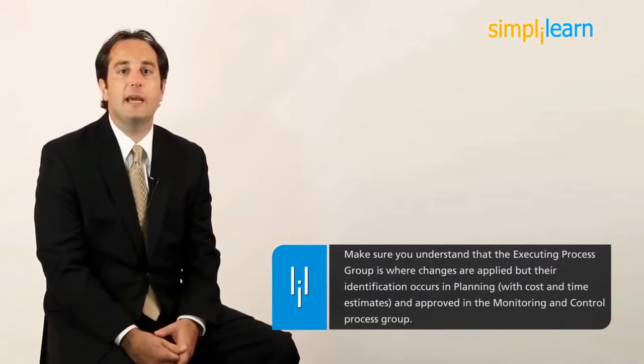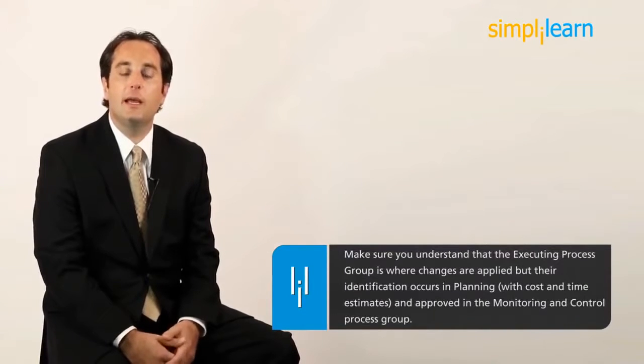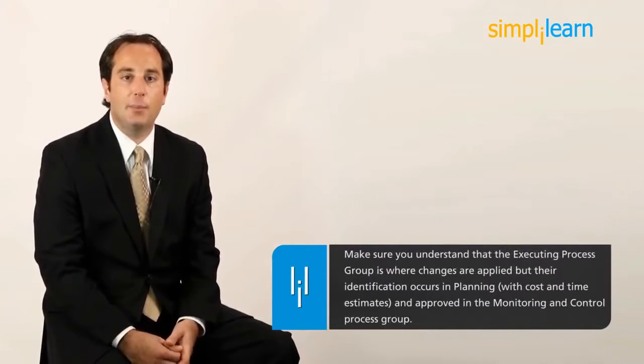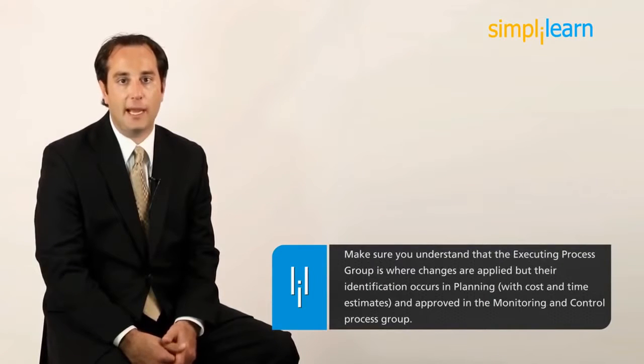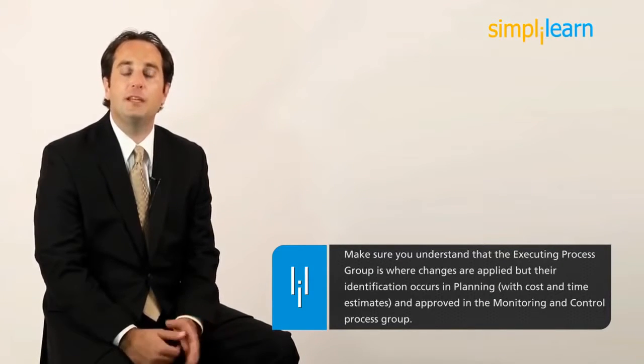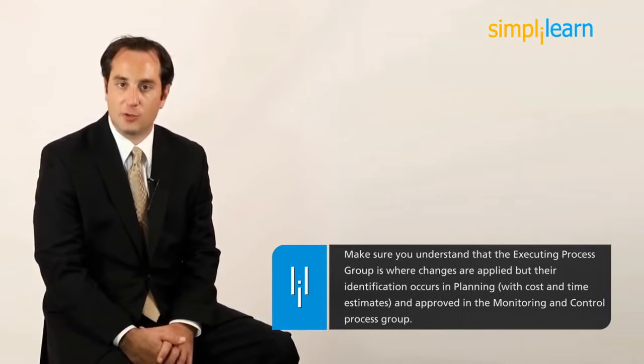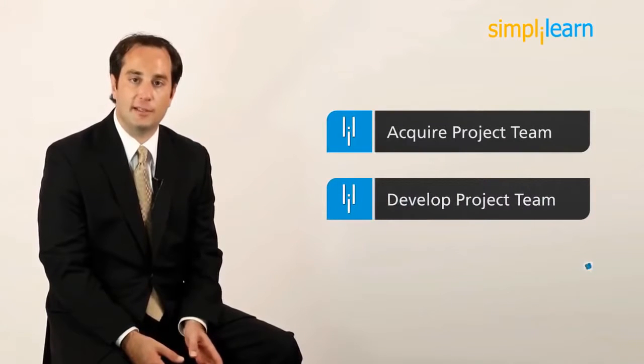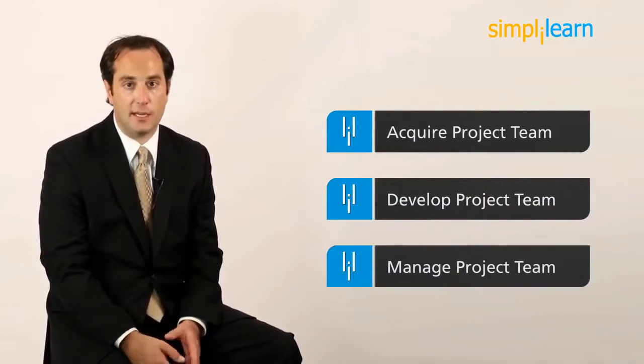Make sure you understand that the executing process group is where changes are applied, but their identification occurs in planning, with cost and time estimates, and they are approved in the monitoring and control process group. The executing process group also contains several key processes within the project human resource management knowledge area, specifically acquire project team, develop project team, and manage project team.